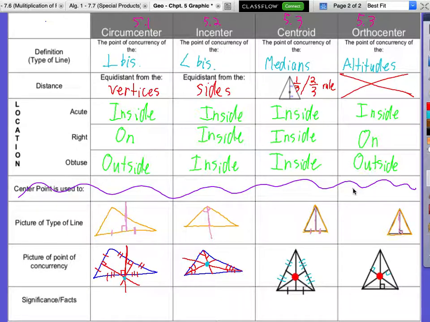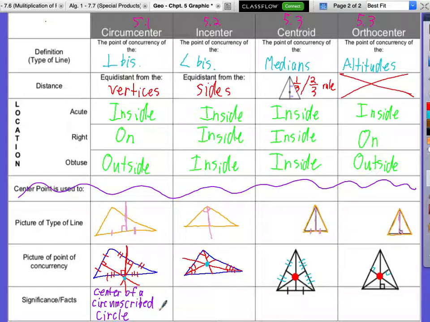The significance, or fact, of the circumcenter is that it's the center of a circumscribed circle.